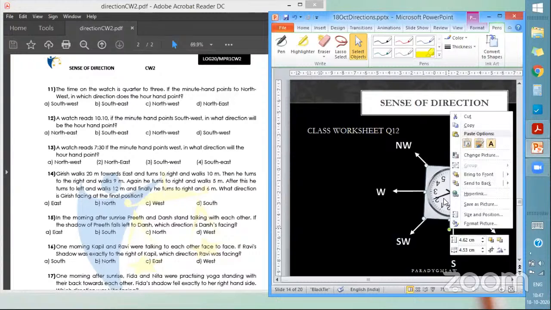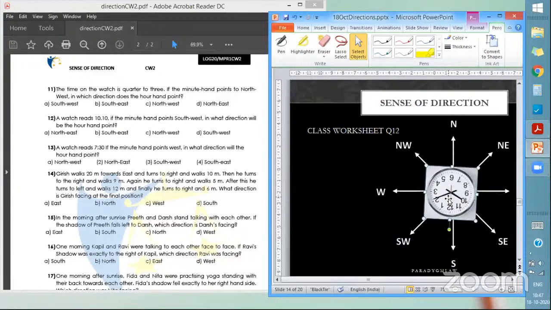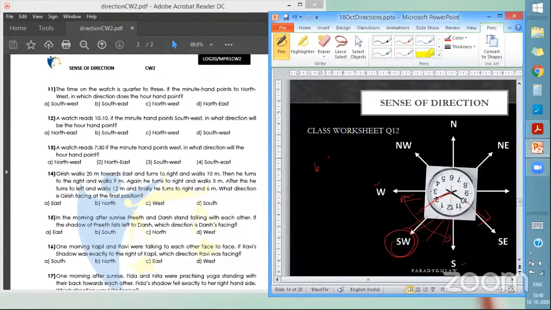Sorry. Okay. But you know, the minute hand is now pointing southwest direction. Remember, all of this space between south and southwest, even if it's 10 degrees, 20, 45, whatever, this is all southwest. Okay. So the minute hand is now pointing southwest. What direction will the hour hand point? She gave the answer southeast.